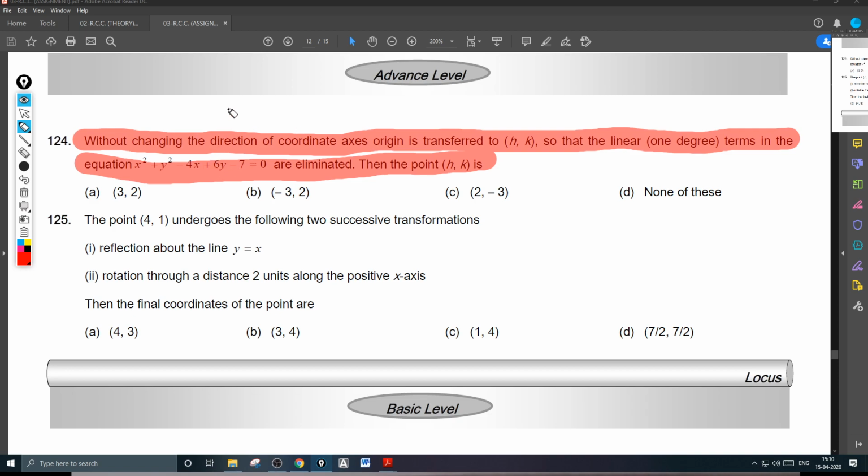What is that you have to understand? Without changing the direction of coordinate axis, origin is transferred to HK.